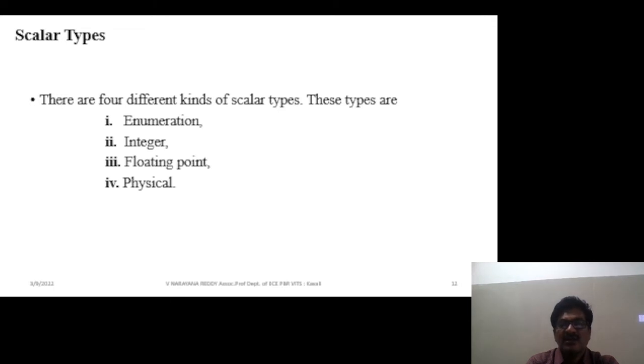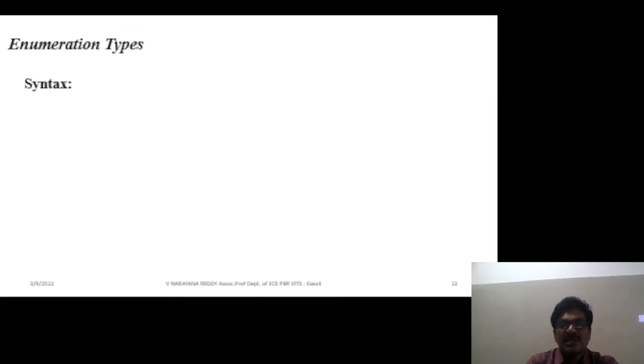So let us see how a user can declare an enumeration data type and how he can mention the values of enumeration type. The word type is used to declare a user defined data type.